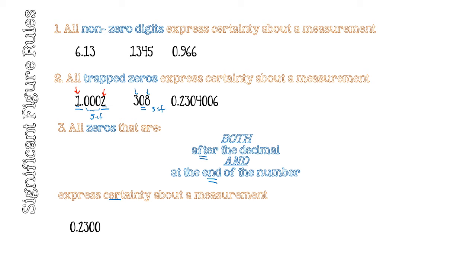If I look at this number, 0.2300, this is mathematically the same as 0.23, right? No difference mathematically between these two values, but this value is a more reliable value. This value is making a claim that there is nothing in the thousandths place, right, or the 10,000ths place. This guy is more reliable because we see those zeros at the end.